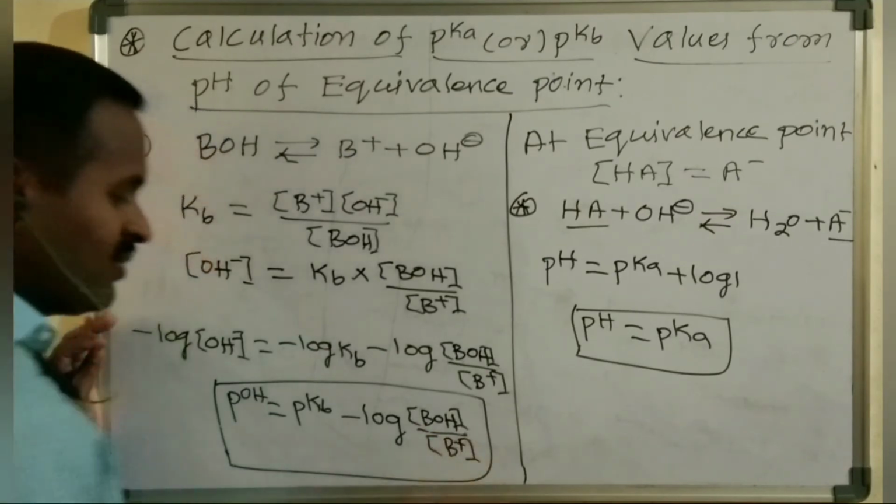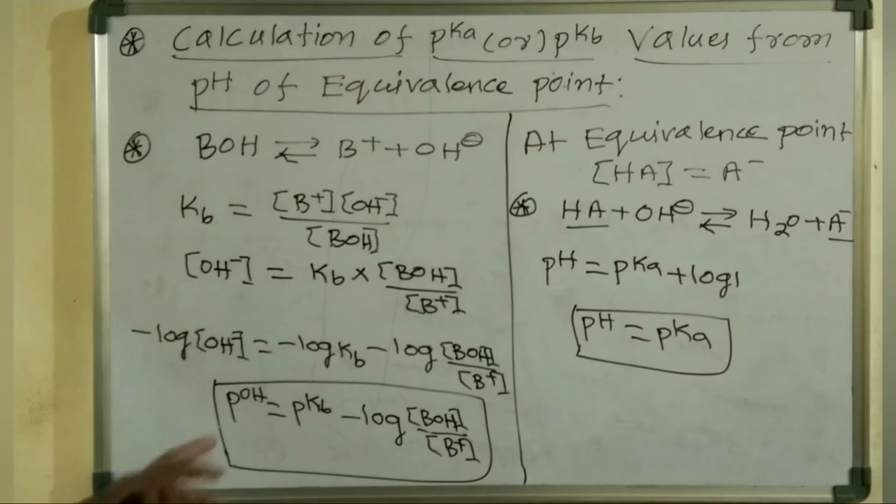So pOH equals pKb minus log of BOH divided by B plus ion concentration.